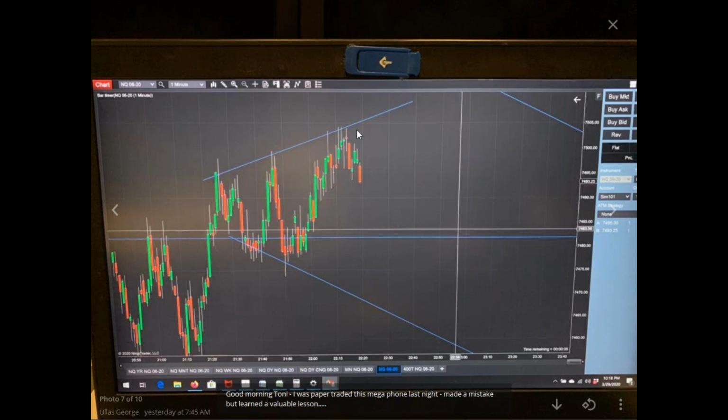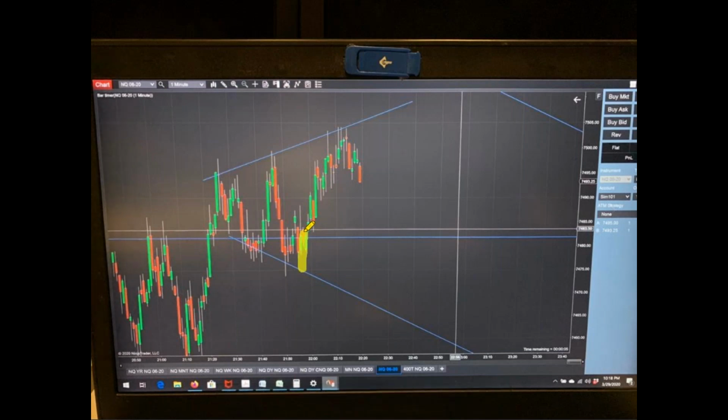Okay, so this looks like a pretty good megaphone here. What you've got going on here is the move up, the shift in the momentum. Look at the distance between the highs and the lows. What's going on there? Here and then here.